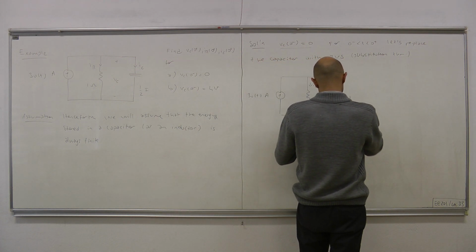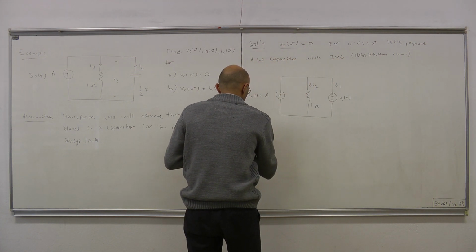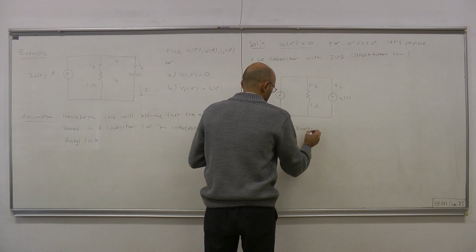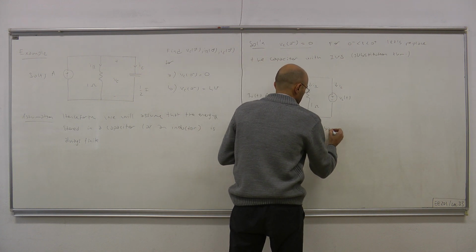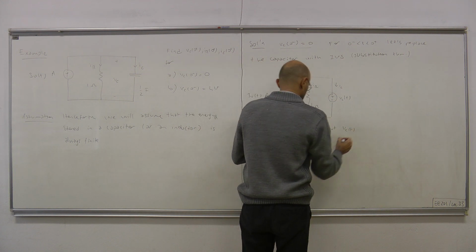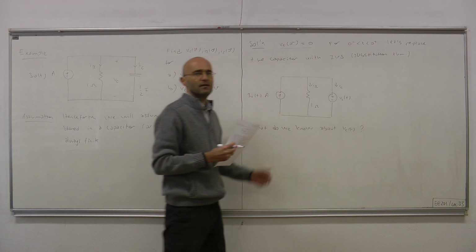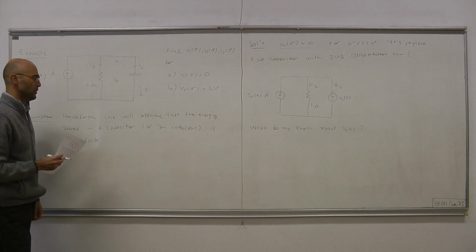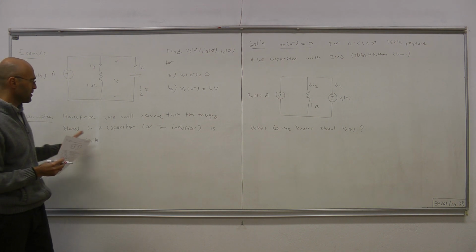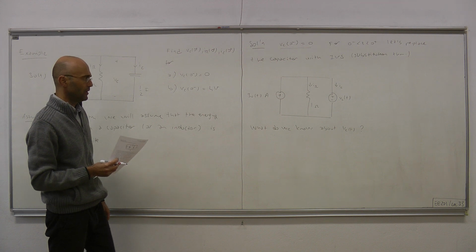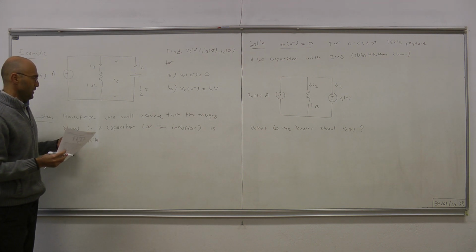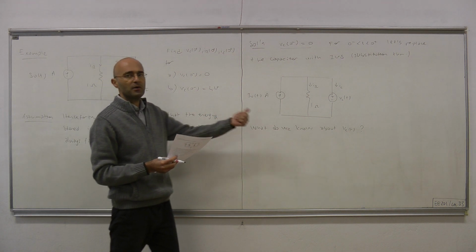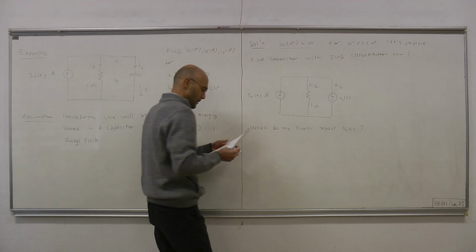So let's ask the following question. What do we know about VC(t)? What do we know about the capacitor voltage? And this assumption is where the answer is. We're assuming that the capacitor voltage is bounded. We're assuming that the energy stored in the capacitor is bounded. If energy is bounded, the voltage is bounded.